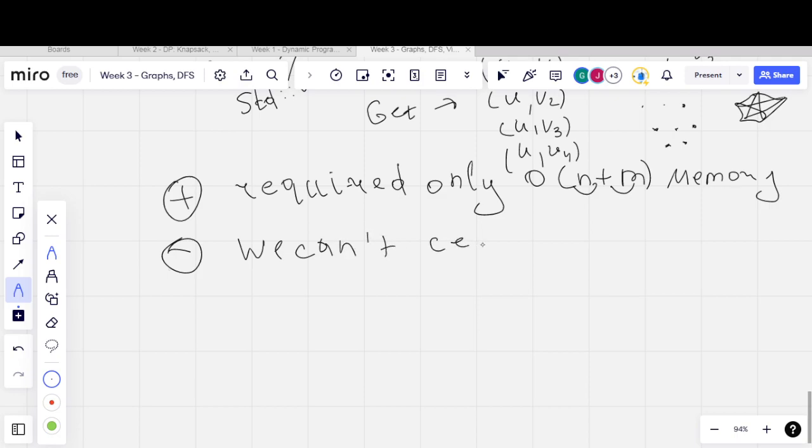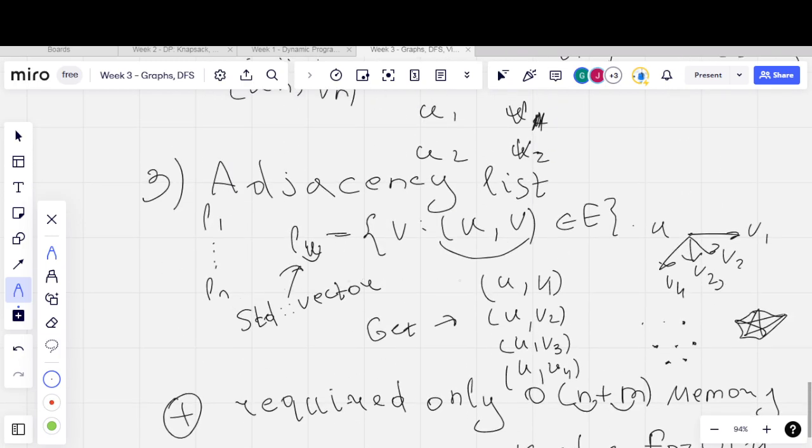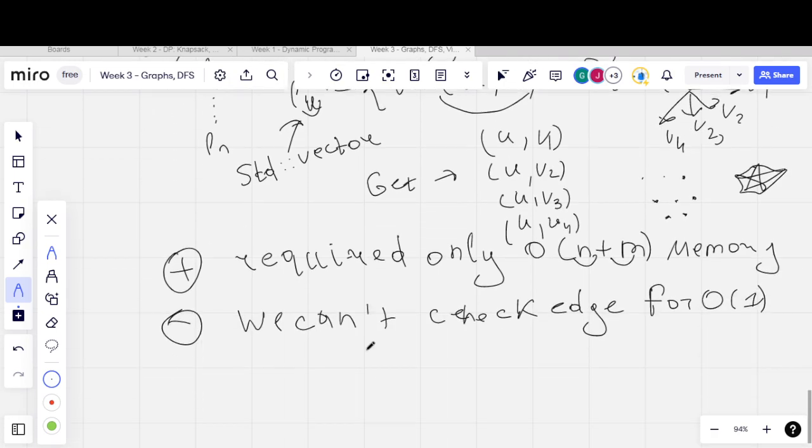We can check if there exists an edge in O(1)? Because if the graph looks like this, we check every edge, and this will be O(n).